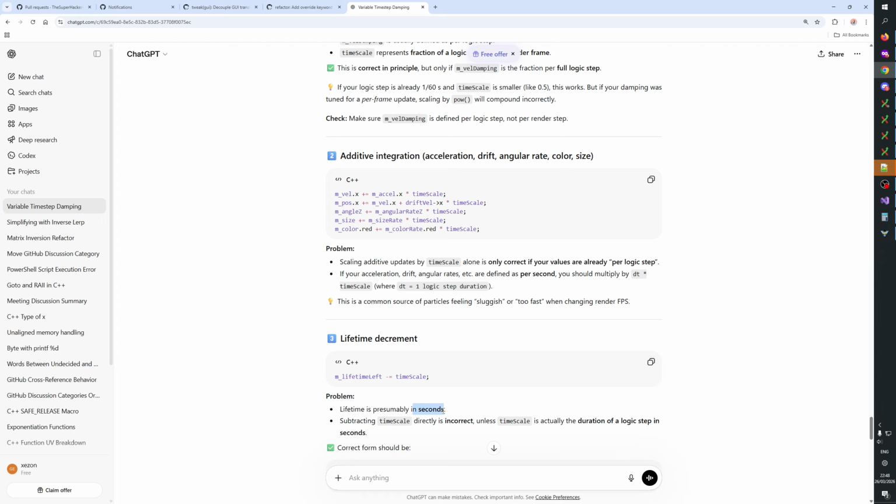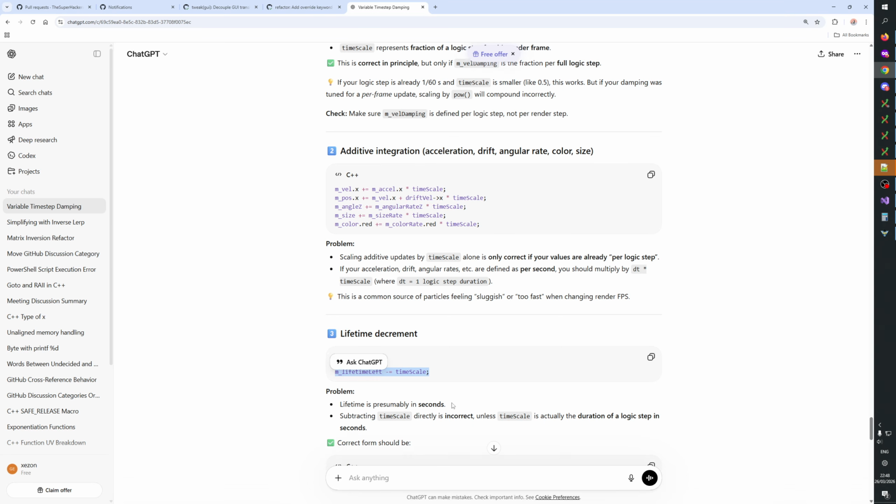And seconds. Lifetime left. No, this should be correct.